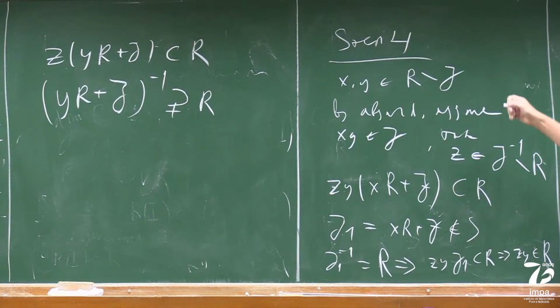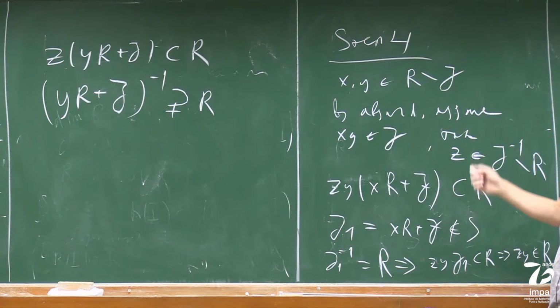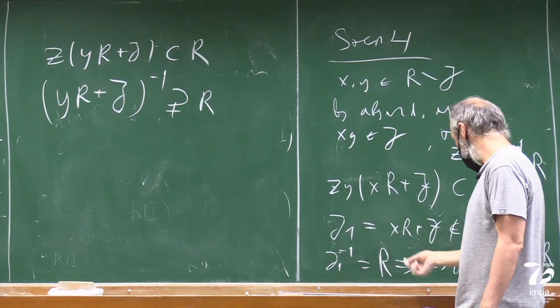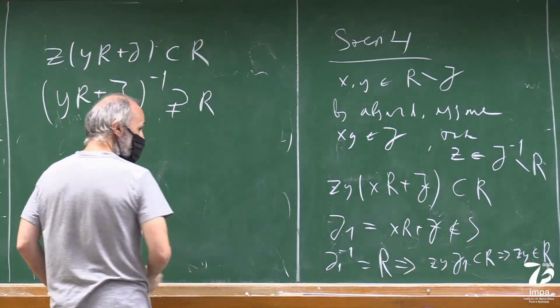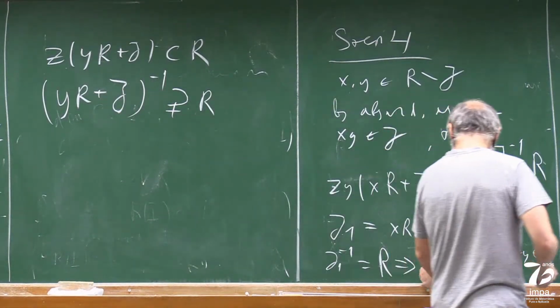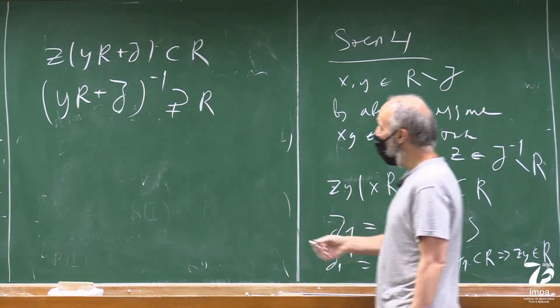Okay, so I will start step 4 from the beginning, right? No, the part with J1? Yeah. Or with this ideal? So in the end, we obtain that zy is in R, right? Okay.